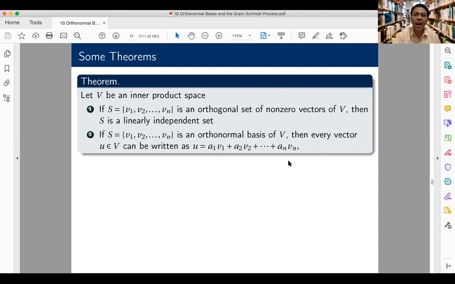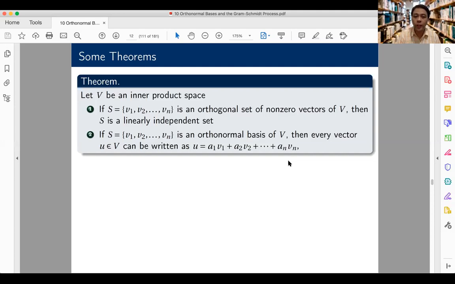Pero how do you solve for the coefficients A1, A2, up to An? Paano mo isa-solve yun? Gagawa ka pa ng system, gagawa ka pa ng augmented matrix. Nasa right side si U, and then i-reduce row echelon form mo pa. Wow, that can be really tedious.